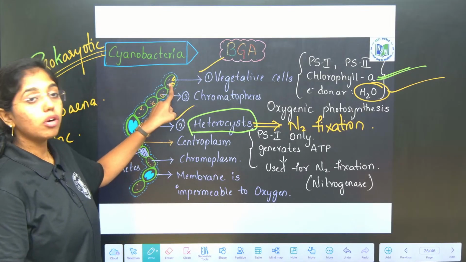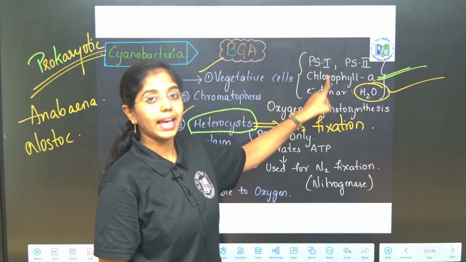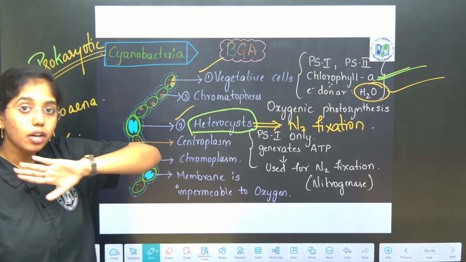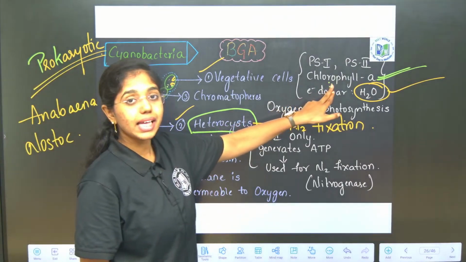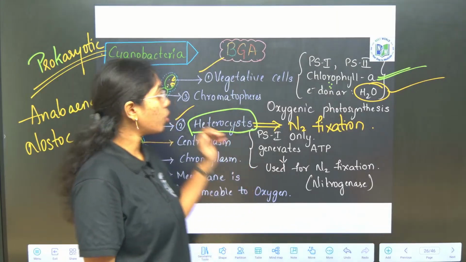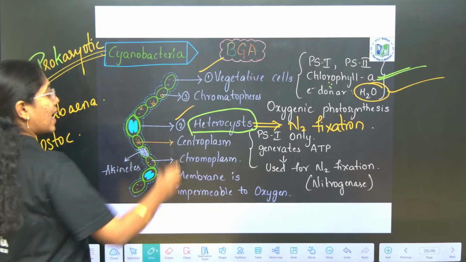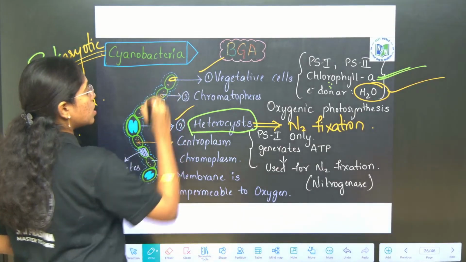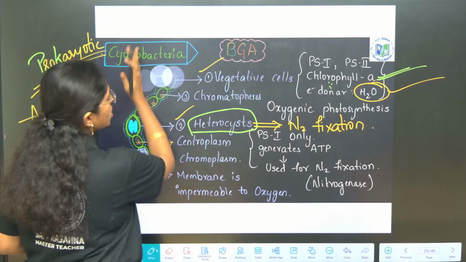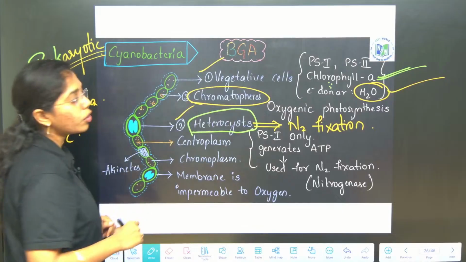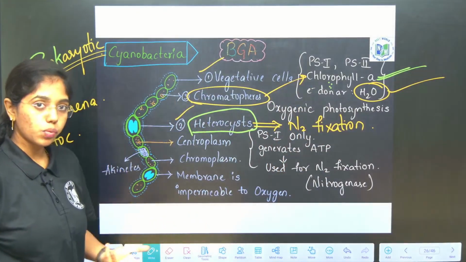These chromatophores act as thylakoid membranes and they possess the pigment chlorophyll A. But chloroplasts are not present in cyanobacteria, remember. Chlorophyll A pigment is there, but chloroplast is absent. The extensions of the cell membrane towards the cytoplasm are called what? Chromatophores.